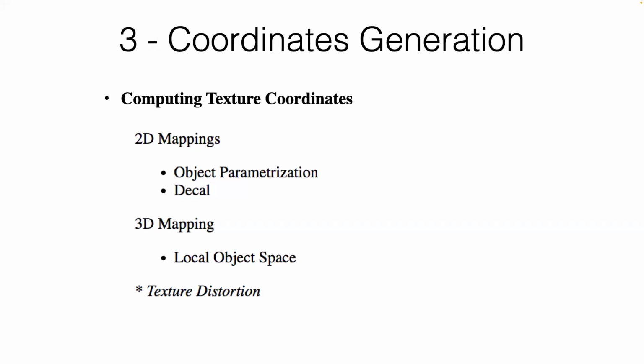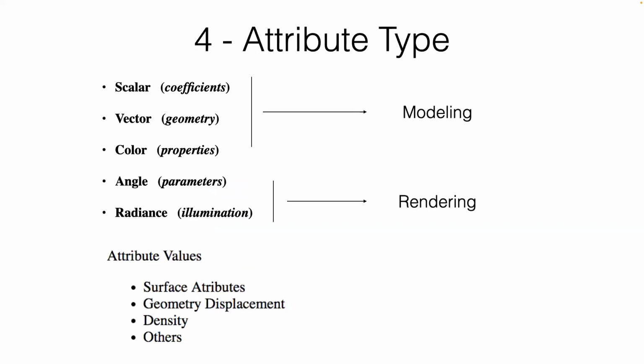And there's an important thing here, that's texture distortion, because usually the texture you model in a planar domain, and the surface is curved. When you do this coordinate generation, you have to minimize distortion and compensate for distortion, so that things appear to be embedded in the surface, not distorted, right? And distortion also gives some artifacts in terms of resolution, things like that.